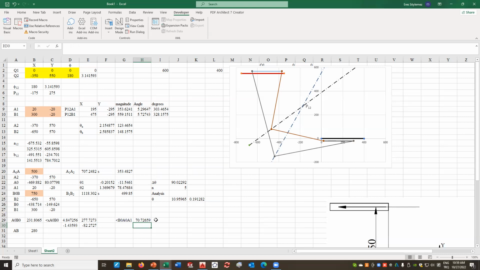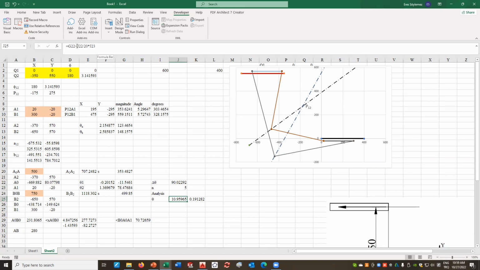If I add this angle theta, 10.9 degrees for fifth position, and this angle, I come up with a certain position, right? Agreed? Now let me repeat.